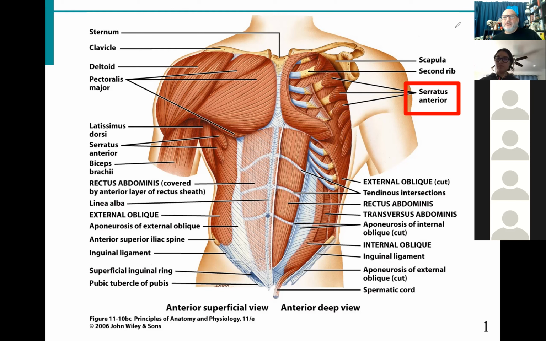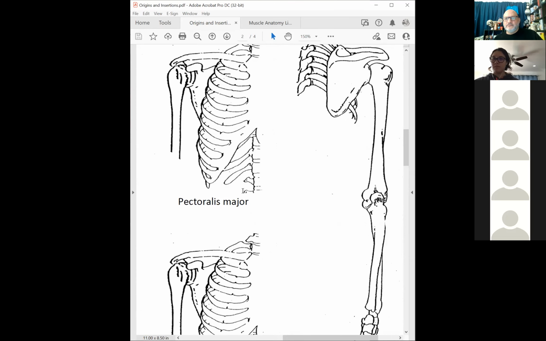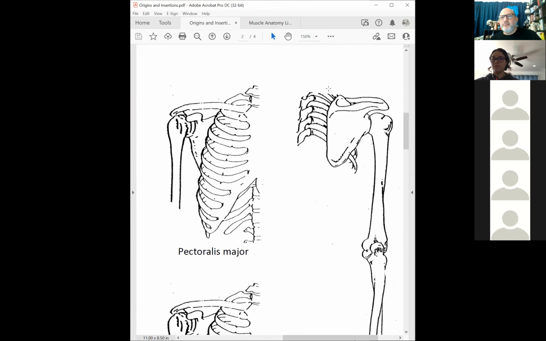So for instance, if we go to our pictures, I know this isn't the right picture, but it's the one that I want, so this will work. Our origin is again on the anterior surface of ribs 1 through 8. 2, 3, 4, 5, 6, 7, and 8.